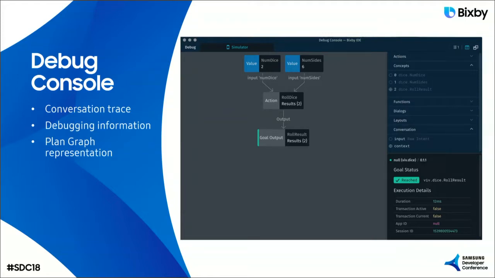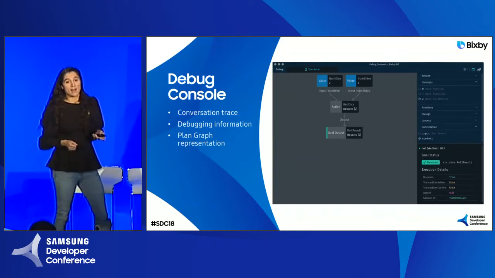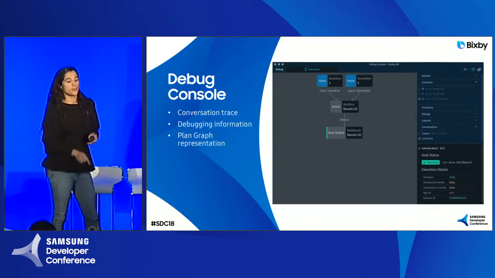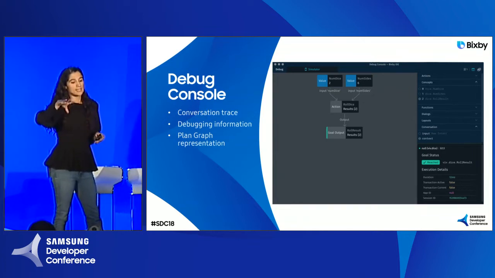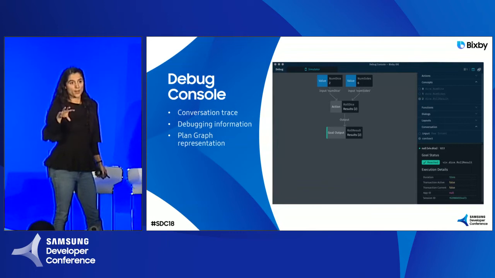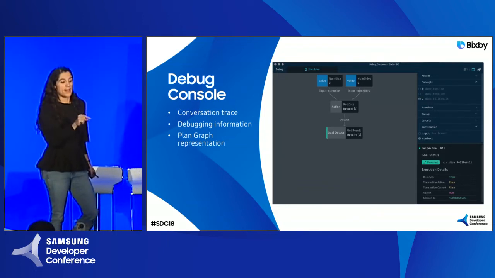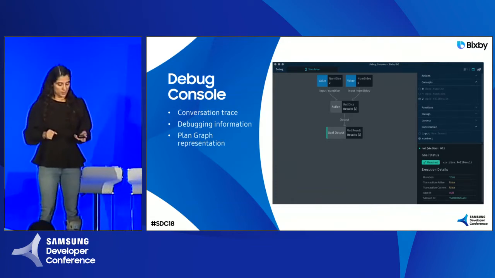But in showing it to you, you can confirm that, yes, this is what you wanted Bixby to do. And moreover, you can use this graph to navigate by clicking on the different nodes to immediately see on the right-hand side all the panes reshuffle and focus and filter to show you just the information relevant at that point in the execution of the user's query.